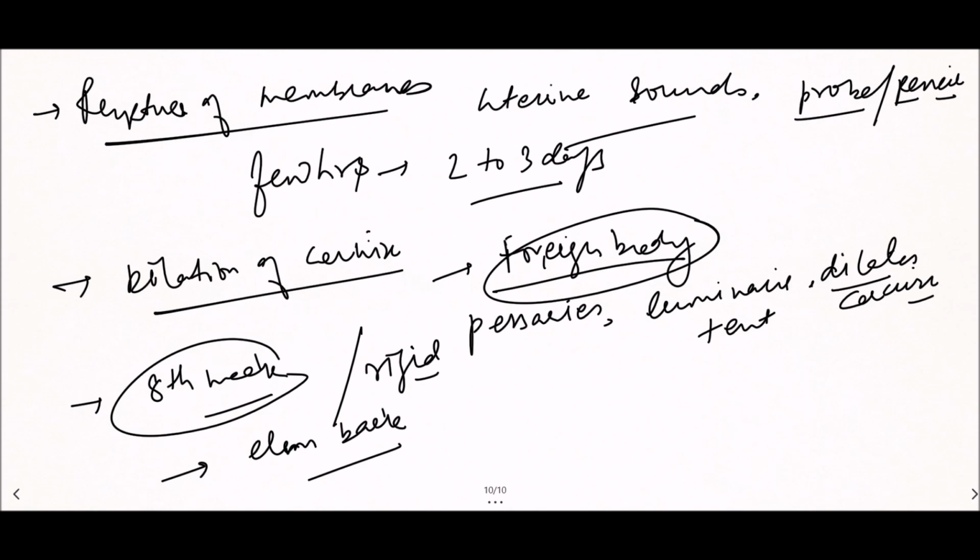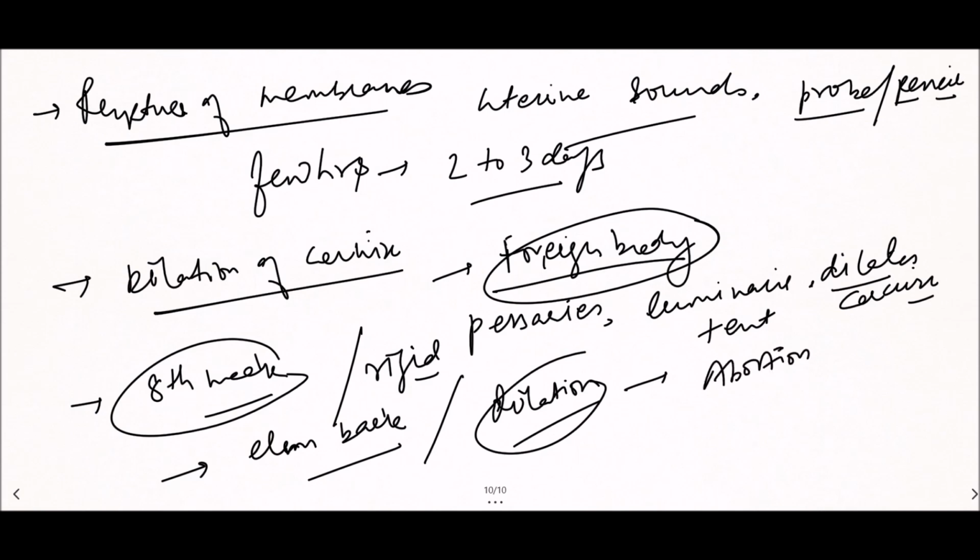They absorb moisture within a few minutes and a jelly-like layer is produced on each side of the bark, responsible for dilatation of the cervix, reflex contraction and expulsion of the fetus, and thus criminal abortion. So this is the method known as dilatation of the cervix by insertion of various foreign bodies.